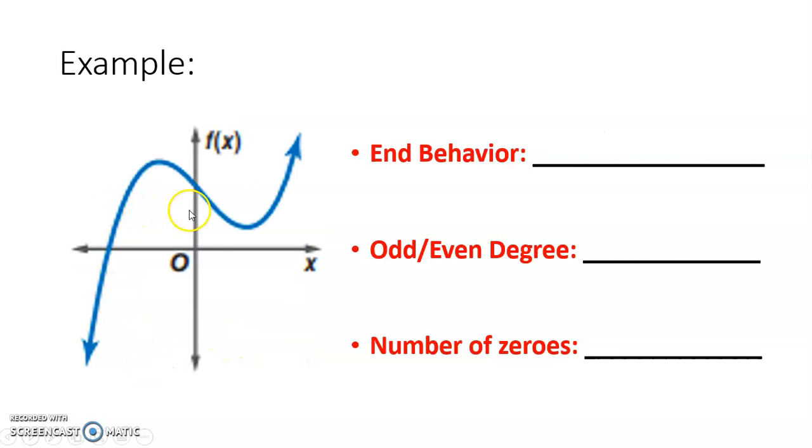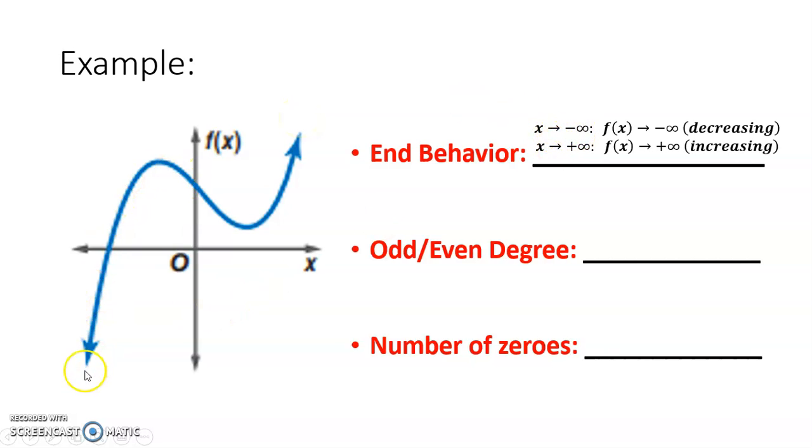Alright, let's go for the next graph. So in this next graph, we can see that the left side of our graph goes downward. So therefore, f of x approaches negative infinity on the left side. And on the right side, it goes upward. So the function is increasing. So the end behavior, as x approaches negative infinity, or on the left side, f of x approaches negative infinity or decreasing values of f of x.